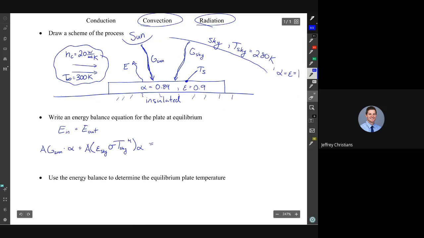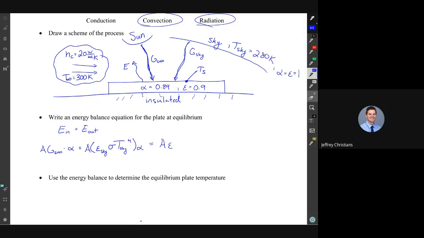That's going to equal the total amount that's leaving. Well, it's leaving by two processes: by emission and by convection. So let's do the emission part first. It's A epsilon.